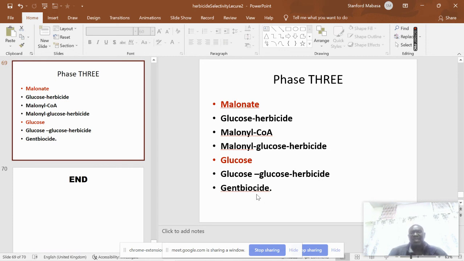Once we have done that, the herbicide will have been destroyed. So in order to produce selectivity, it's the rate at which these reactions are taking place to destroy the herbicides, which is quite a long story. I'll end here.